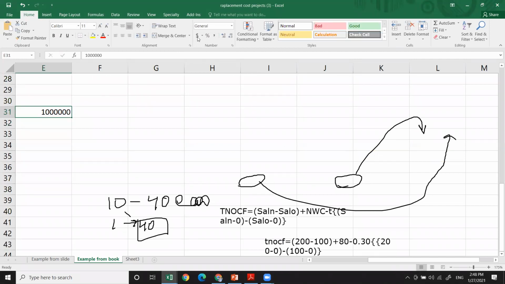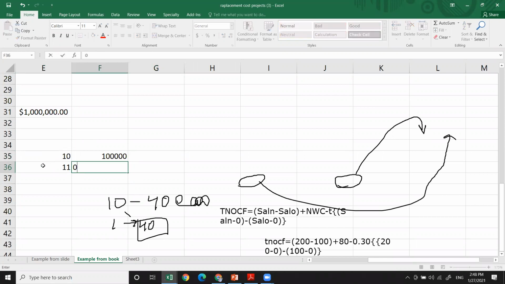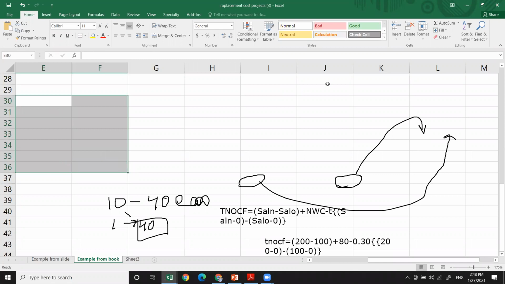Very good. Okay, yeah, I got it. So at the end of the 10th year, we will use the last 100,000. So at the beginning of the 11th year, or end of the 10th year, the book value will be 0, because we used all. So the equipment is not usable at all. Okay, thank you, I got it.